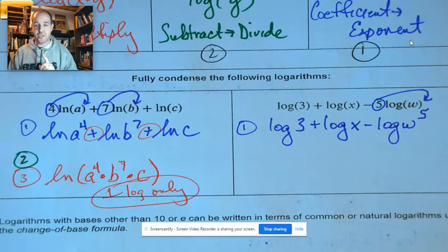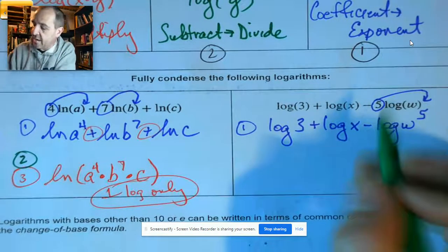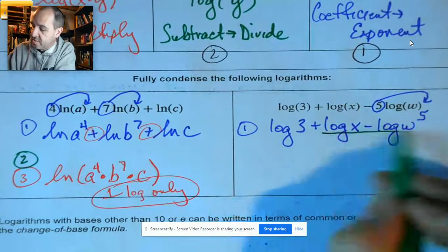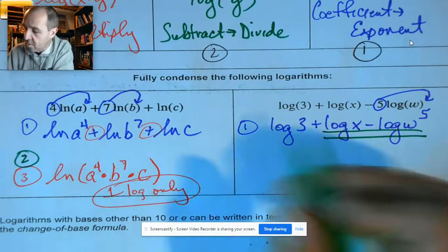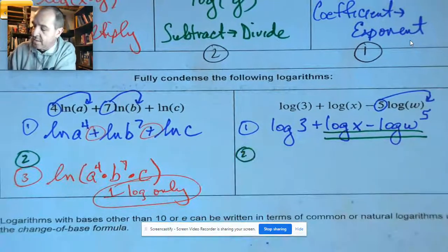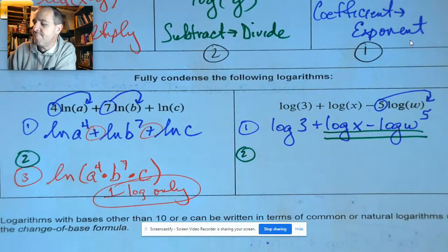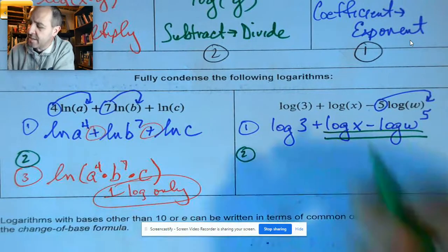We do have subtraction this time. So here's where I've got to be a little bit more careful. So again, I look and I go, okay, there's my subtraction. So, let's see, we're going to experiment here.